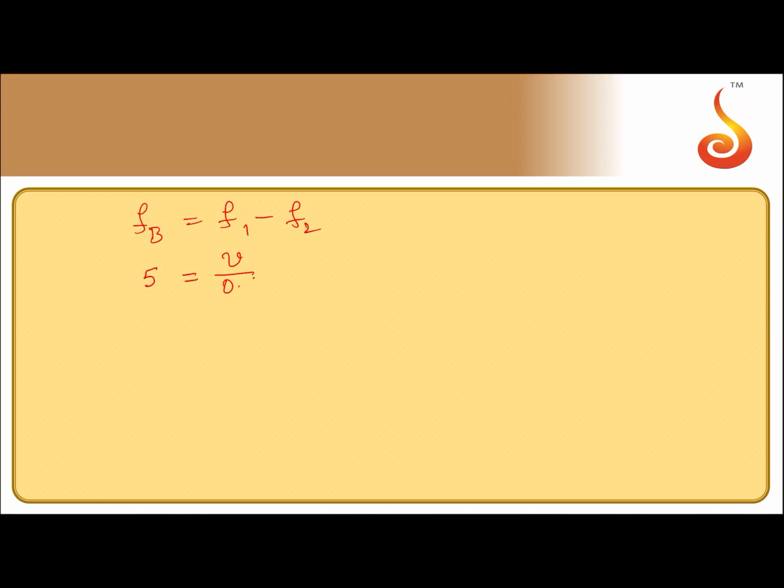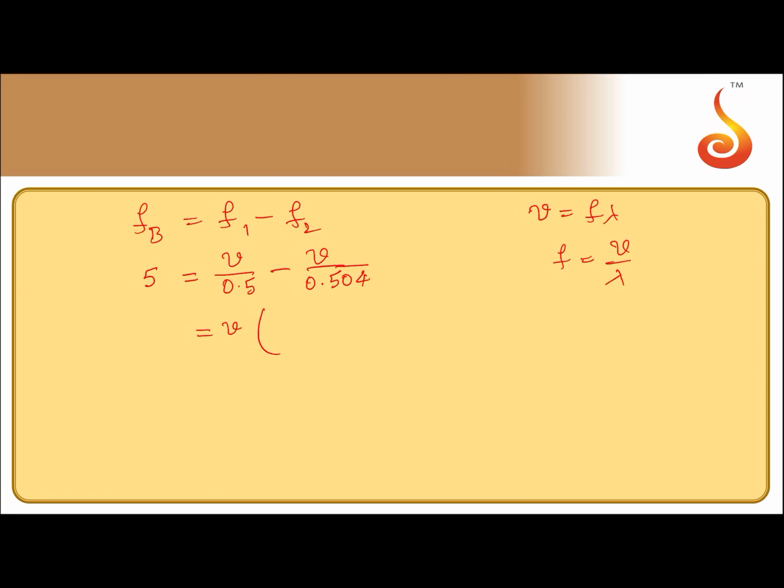So let us say the velocity is v by 0.5 minus v by 0.504. We know that v is equal to f lambda, so f is equal to v by lambda. That is what I have used here.